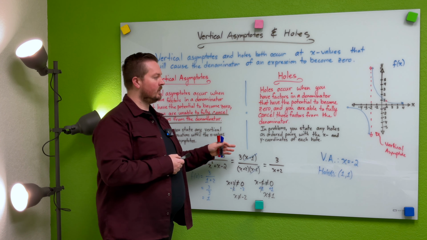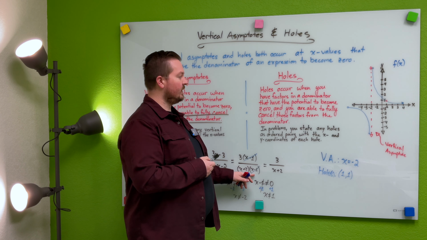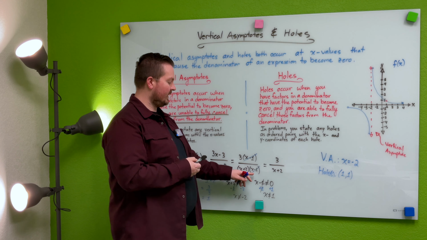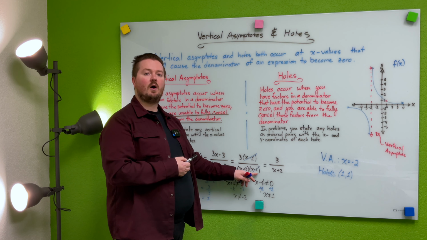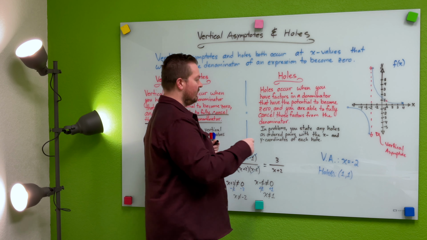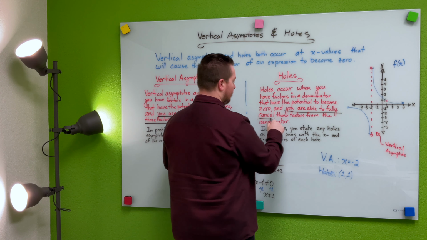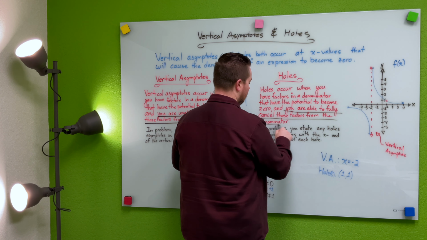Holes occur when you have factors in the denominator that you could make 0, but it turns out you are able to fully cancel this factor from the denominator. So holes, you are able to fully cancel those factors from the denominator.